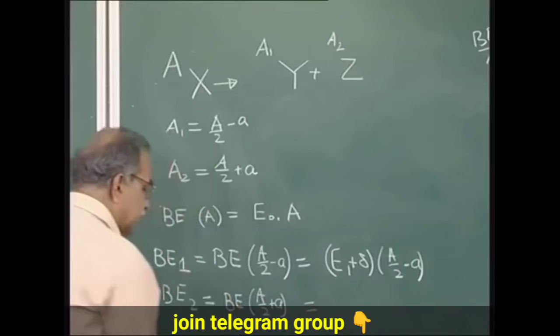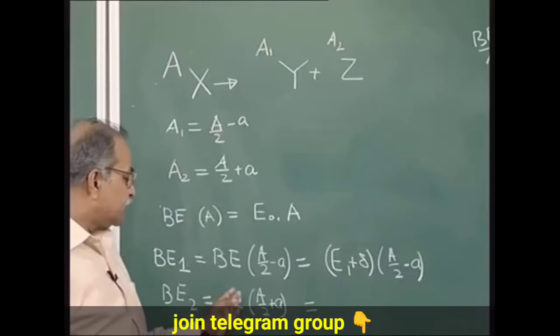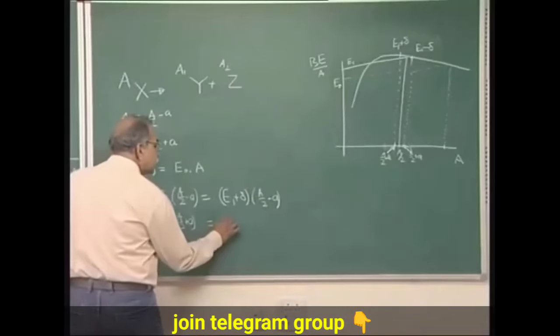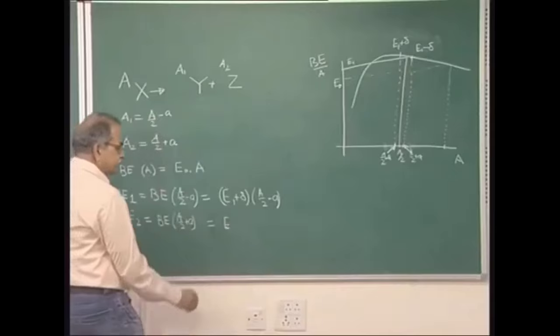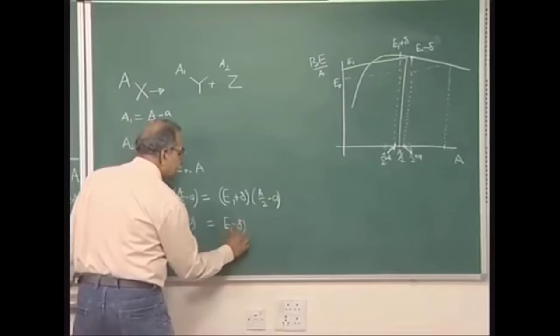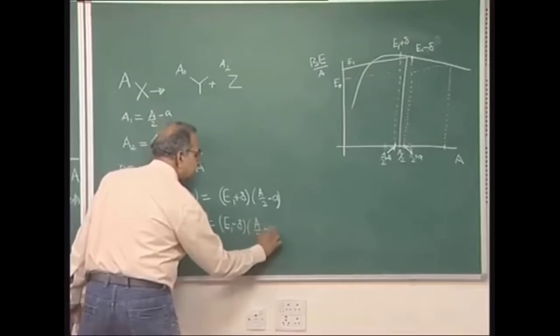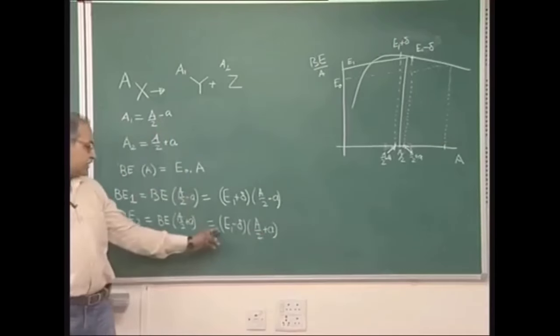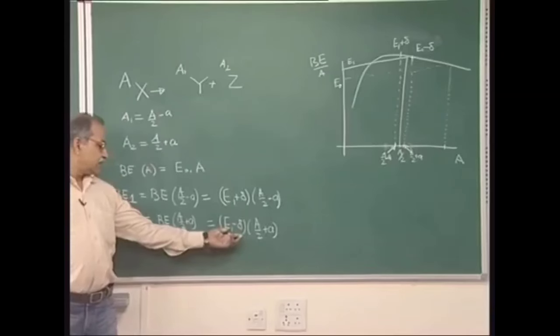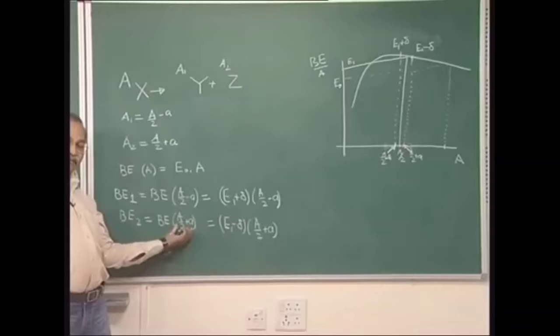How much is this? This will be the binding energy per nucleon multiplied by the number of nucleons: E1 minus delta, multiplied by A by 2 plus a. So E1 minus delta is the binding energy per nucleon at this mass number, multiplied by the number of nucleons.